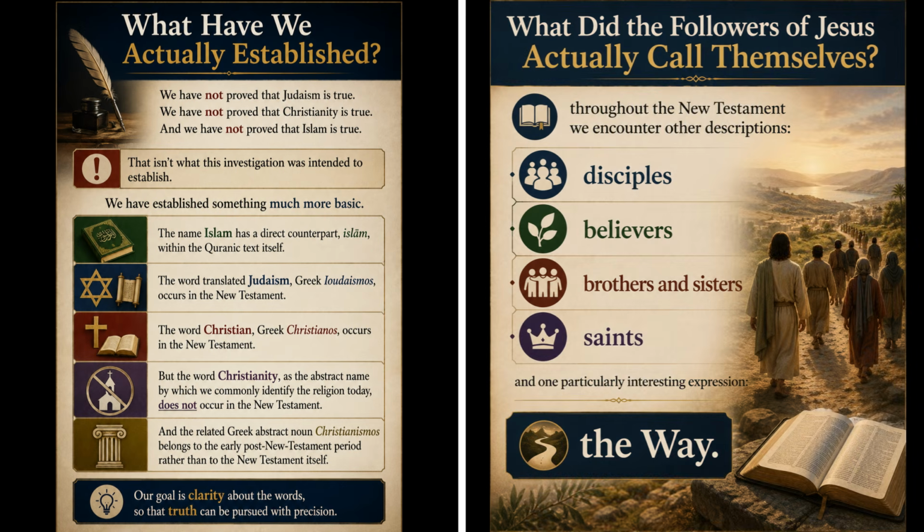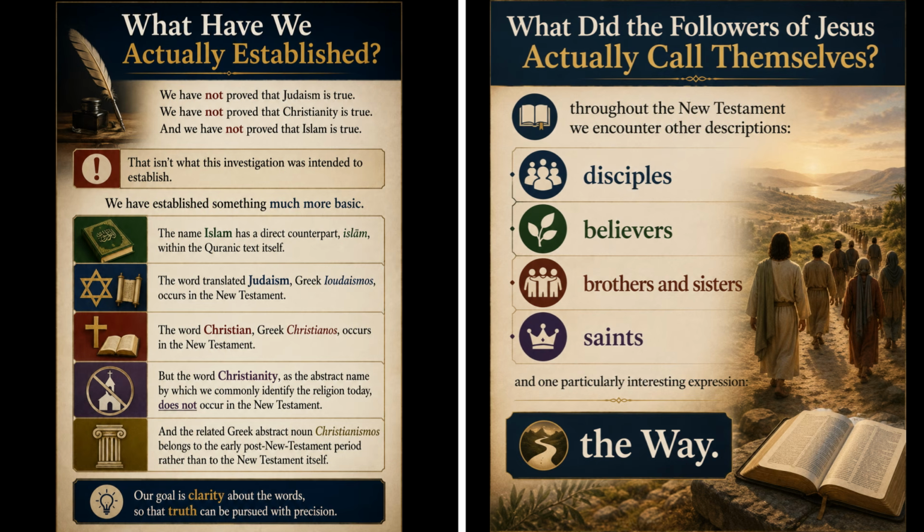What did the followers of Jesus actually call themselves? If the New Testament does not call their religion Christianity, what terminology does it use? The book of Acts tells us that the disciples were called Christians in Antioch, but throughout the New Testament we encounter other descriptions: disciples, believers, brothers and sisters, saints. And one particularly interesting expression, the way.